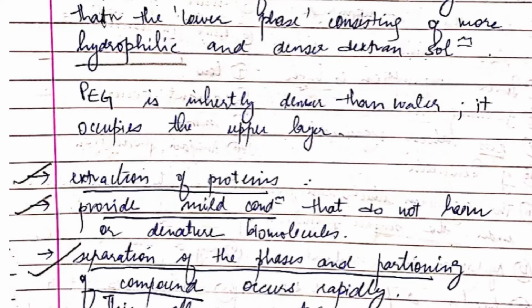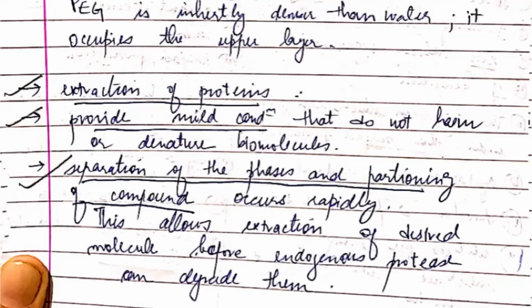It provides mild conditions and helps in separation of the phases and partitioning of the compounds. In the diagram, you must have seen that the PEG got separated in the upper layer and dextran got separated in the lower layer.